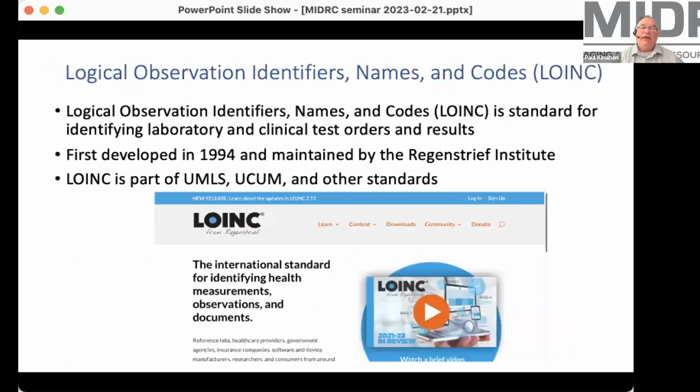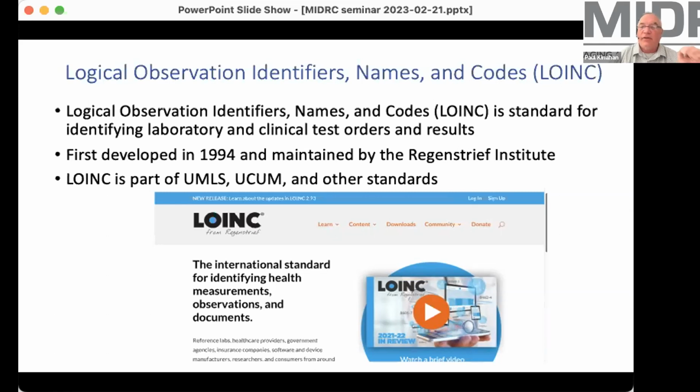So LOINC itself, that's short for Logical Observation Identifiers Names and Codes. This was developed in 1994 by a group called the Regenstrief Institute, and this has been expanded to include the RadLex Playbook, or core playbook.